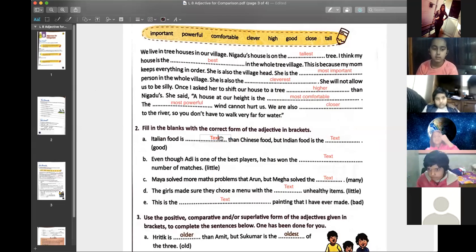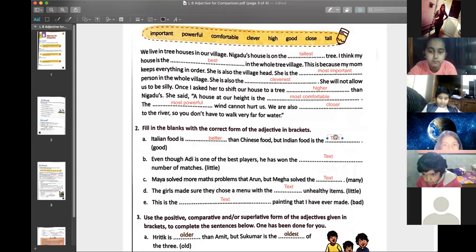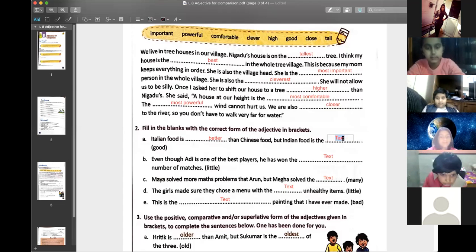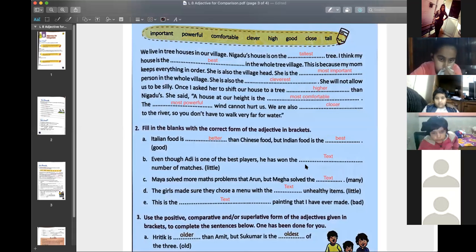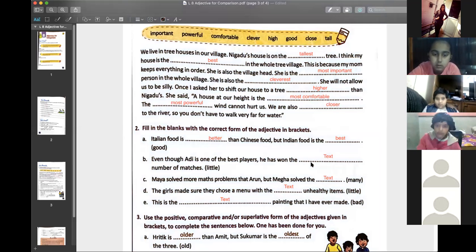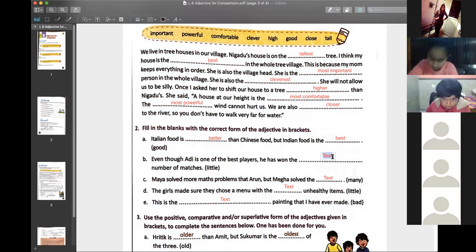Better. But Indian food is the dash. Himanshi, but Indian food is the best. The best. Very good. Even though Adi is one of the best players, he has won the dash number of matches. Aditya Gerola, least. Excellent.